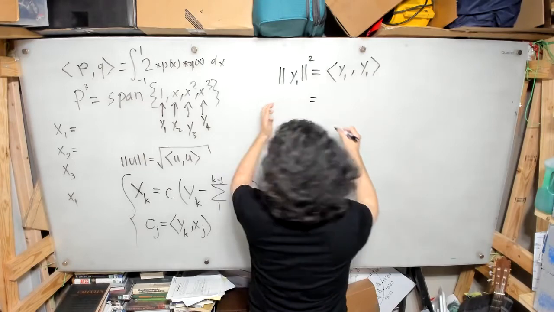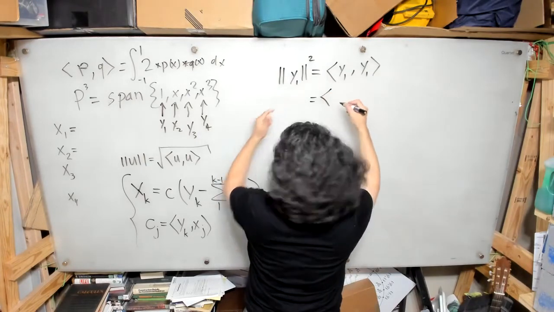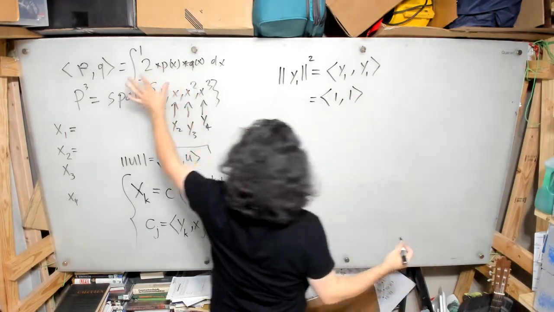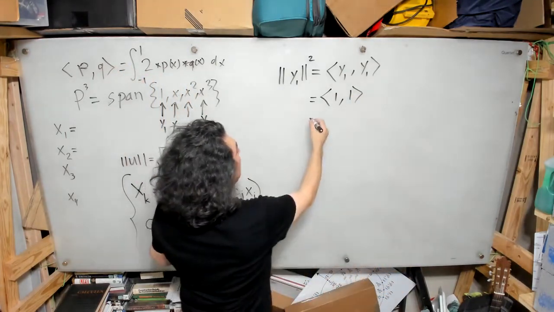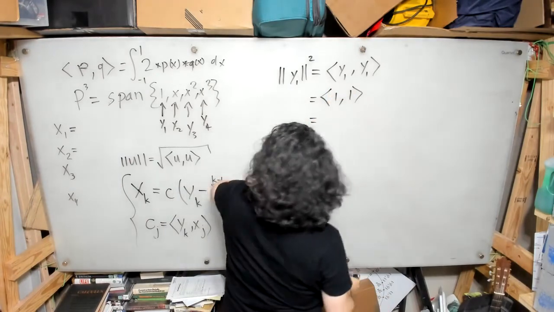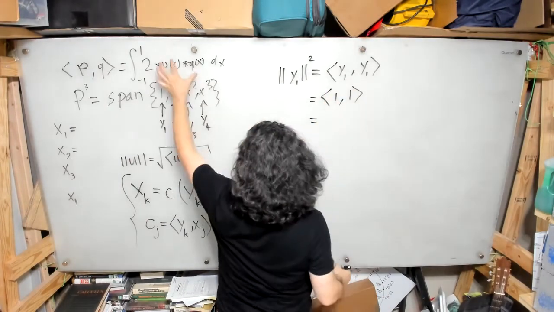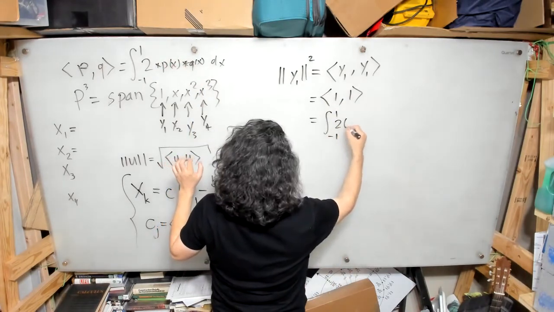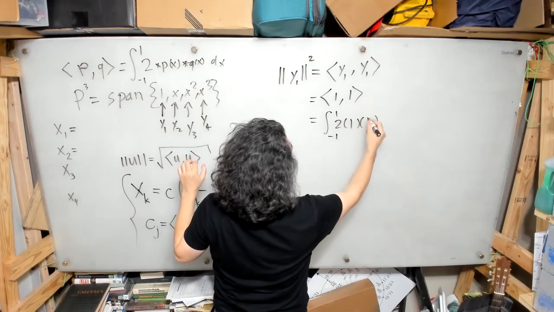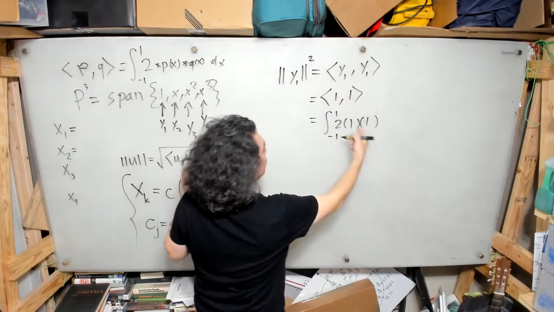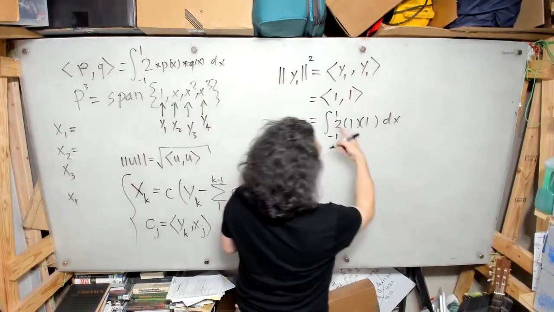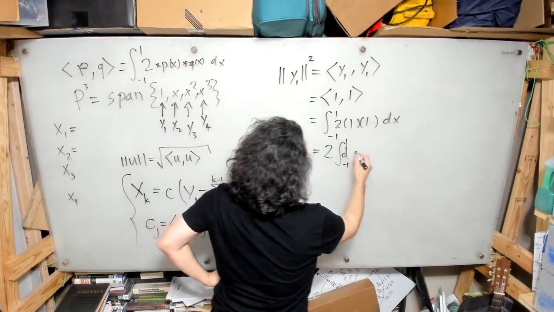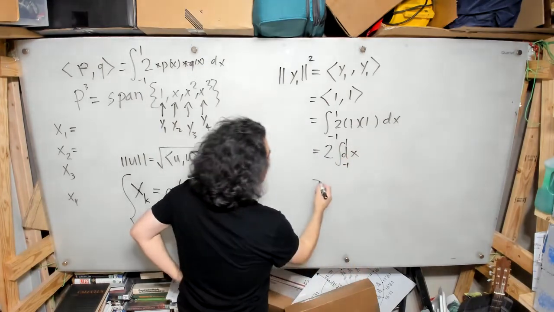Now here, of course, what is y1? y1 is just 1, so it's the inner product of 1 with itself in this vector space with this inner product. Now what is that? We can calculate it as follows. It'll be the integral from -1 to 1 of 2 times p of x, which is 1, times q of x, which is 1, so p q dx. That's just 2 times the integral from -1 to 1 of dx. Now what is that? That's going to be x.